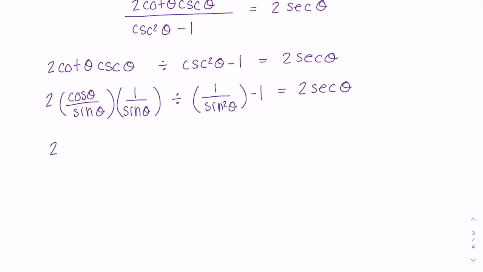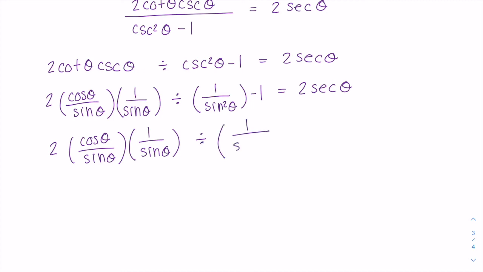So on this side, we can cancel out these, just kidding. We're going to leave it as cosine theta over sine theta multiplied by 1 over sine theta, divided by 1 over sine squared theta, and we're going to make some common denominators here.